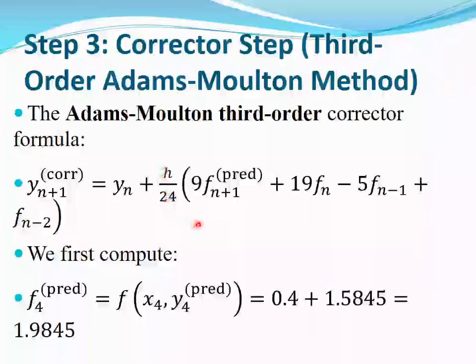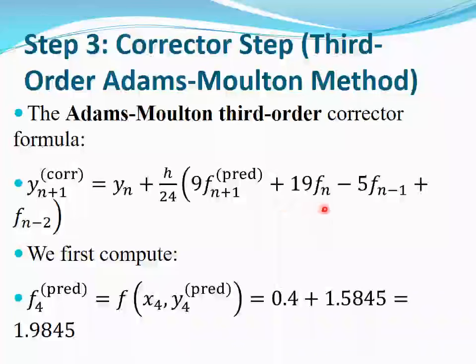We first compute f4. Now you can see here, if the value of n equals 3, then we get f4. F4, what do we get?